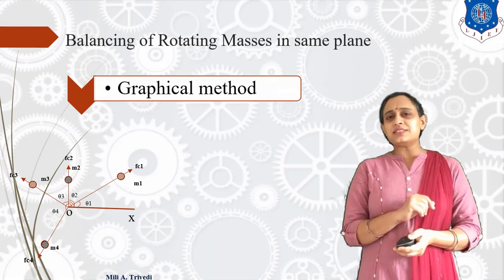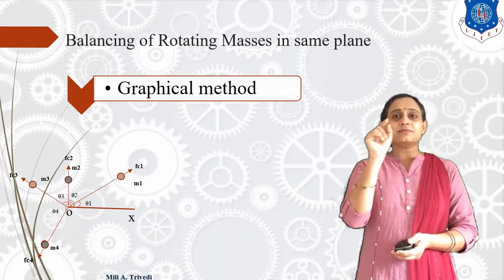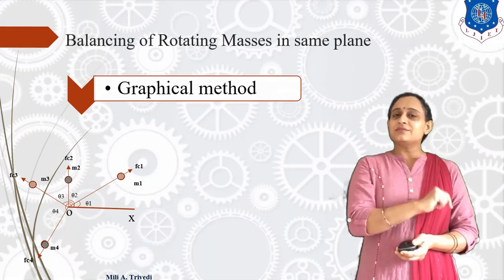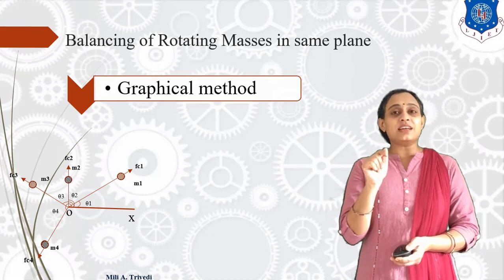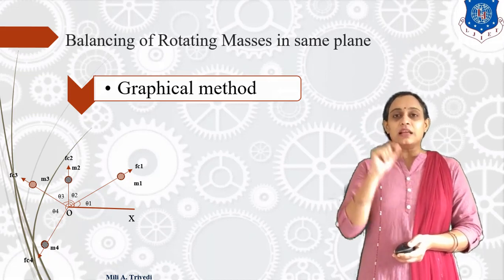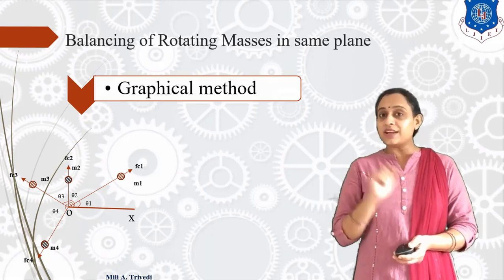So here you can see the OX axis and four different masses, M1, M2, M3, M4. Clear? Mass M1 is at theta 1 angle from the OX axis. Mass M2 is at theta 2 angle from the OX axis.